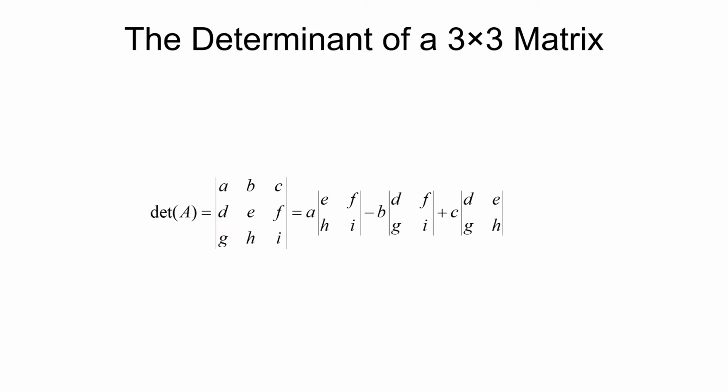If you want to find anything associated with A, cross the row and column which is associated with A, and then we get the determinant which consists of these 4 elements.